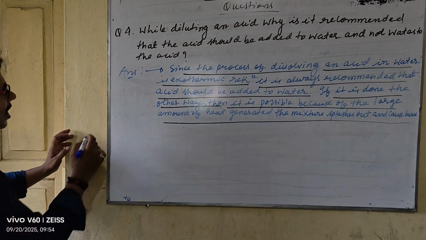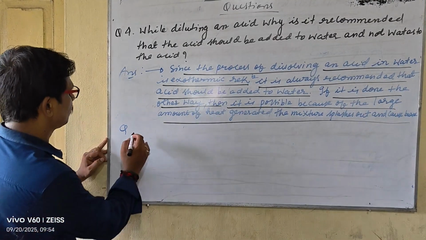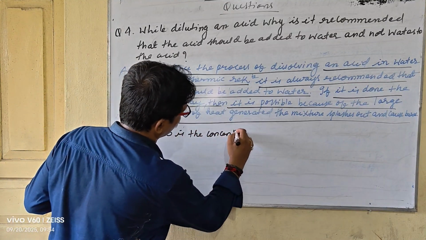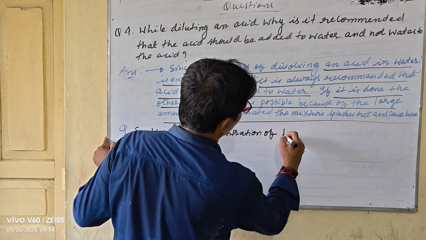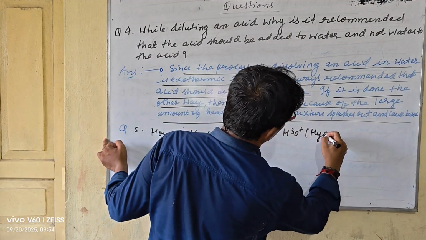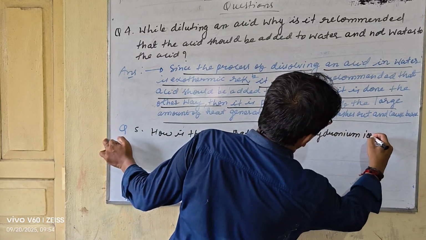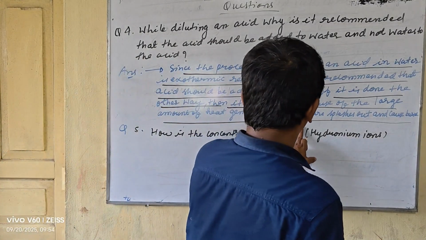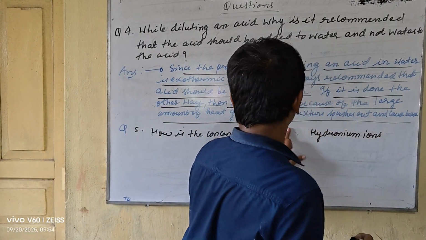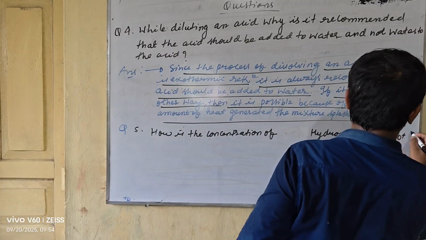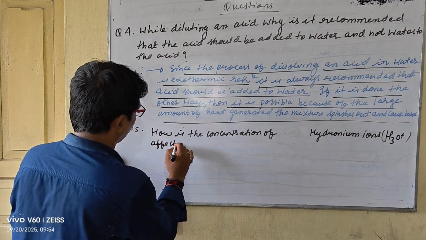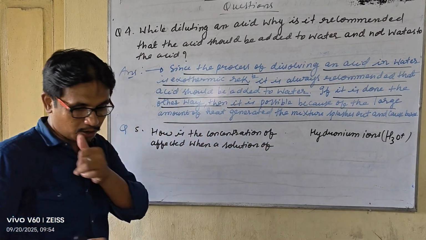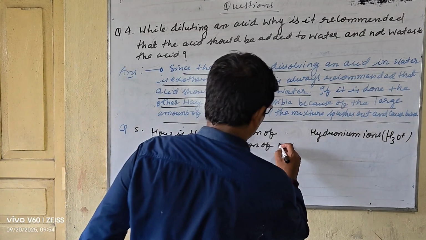Question number 5: how is the concentration of hydronium ions (H3O+) affected when a solution of an acid is diluted?